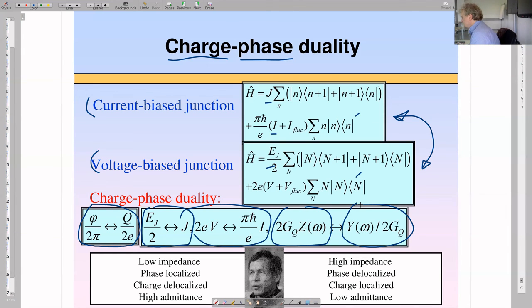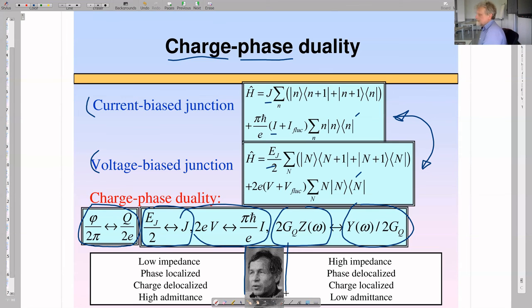Let us relate it to the Schmid transition, to different sides of the Schmid transition.